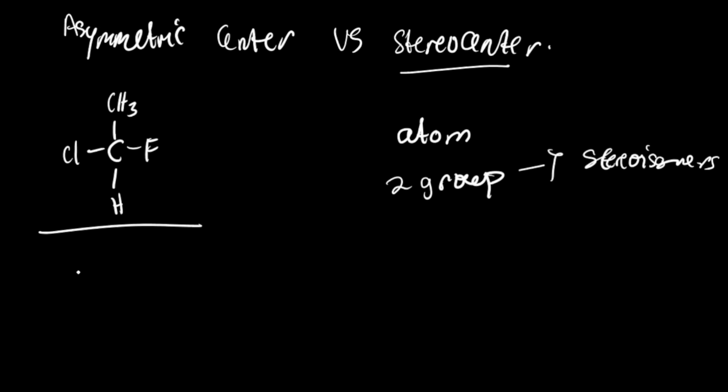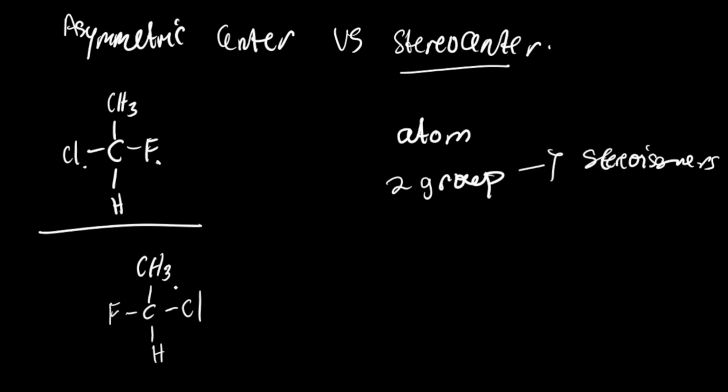Now back to the stereocenter. This carbon atom is an asymmetric center because it's attached to 4 different groups. But it's also a stereocenter because if we interchange 2 groups attached to this carbon atom, it would give us another stereoisomer. If we interchange fluorine with chlorine, so basically chlorine takes the position of fluorine and vice versa, we have CH3, chlorine, and fluorine.